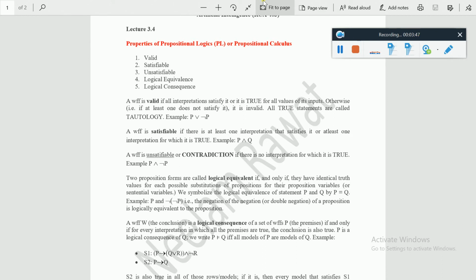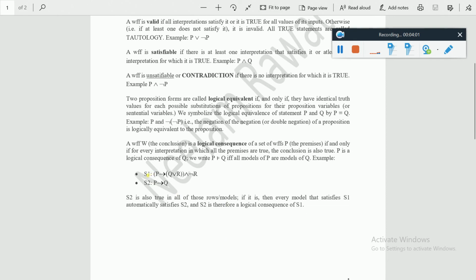So we can say that the premise can conclude something. We have here two statements: S1, P implies Q or R and not R, and S2, P implies Q. If I try to prove that statement S2 is also true in all of these rows or models, then every model that satisfies S1 automatically satisfies S2.